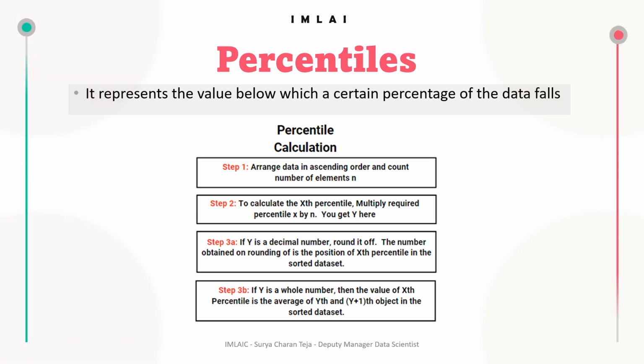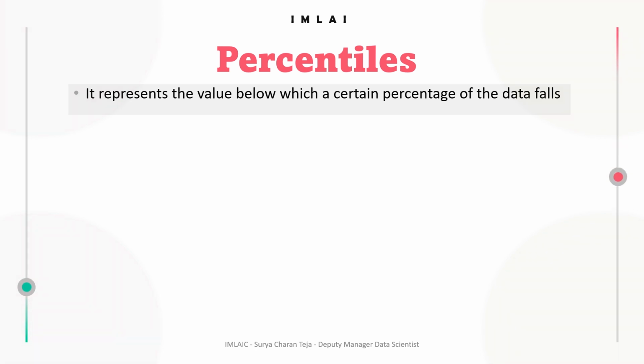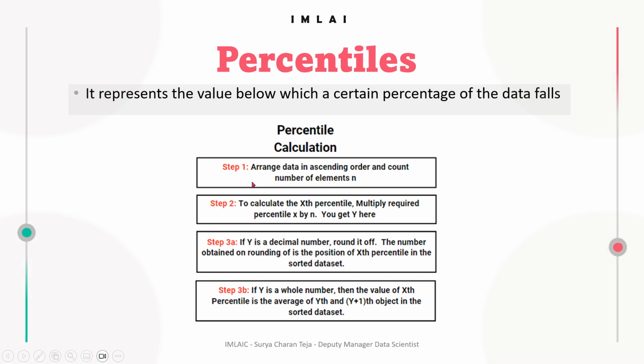Let's see that. But before that, how do we do the percentile calculation? That I'm going to show you. For the percentile calculation, step one: arrange the data in ascending order and count the total number of elements, n. To calculate the xth percentile, multiply the required percentile x by n, and you get y.